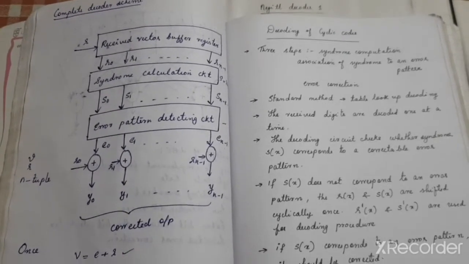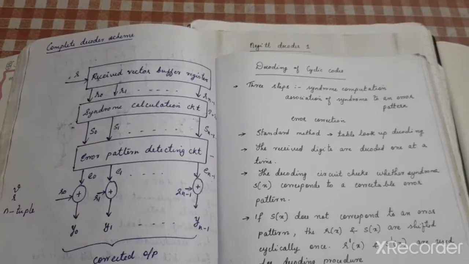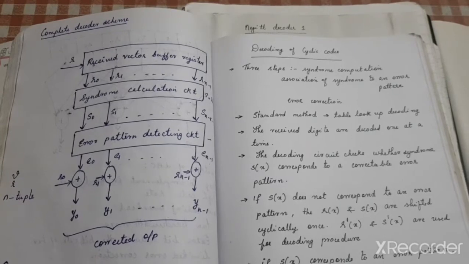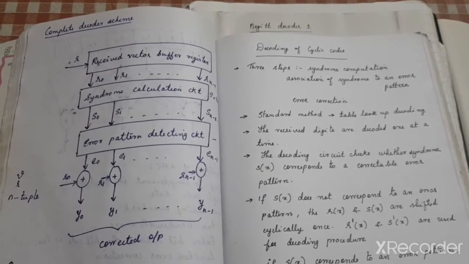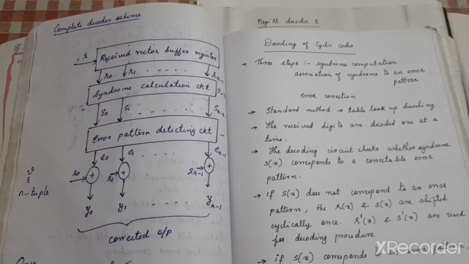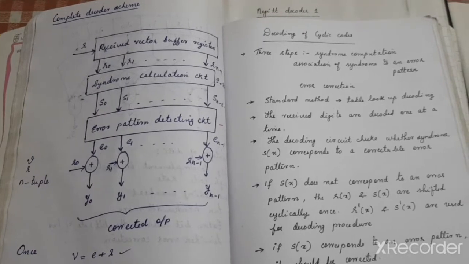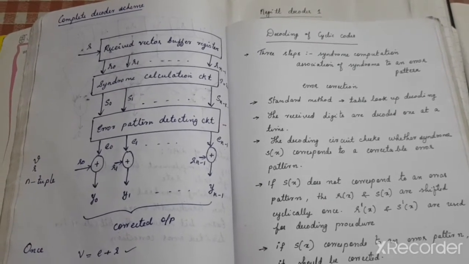So here you can see a complete decoder scheme for the linear block codes, which mainly consists of three steps. First of all, when we have a received vector at the receiver side, we compute the syndrome using the received vector, and from the syndrome we compute the error pattern.